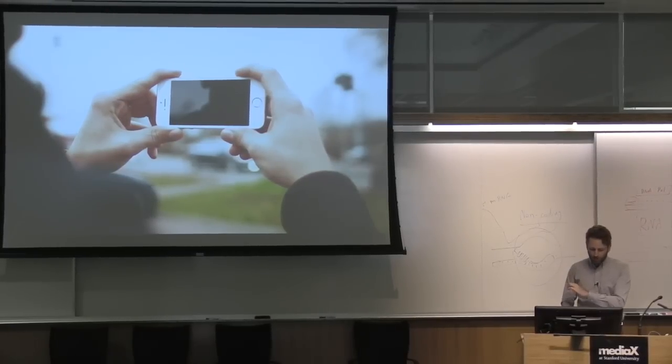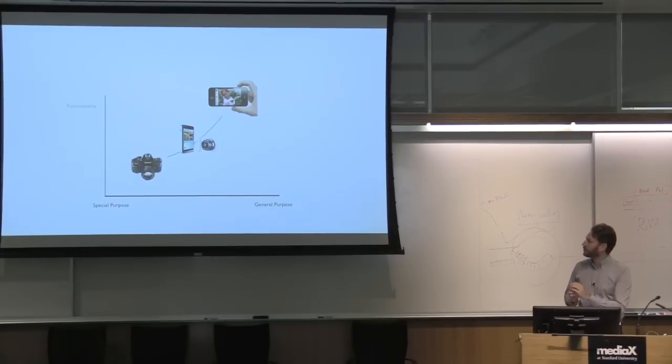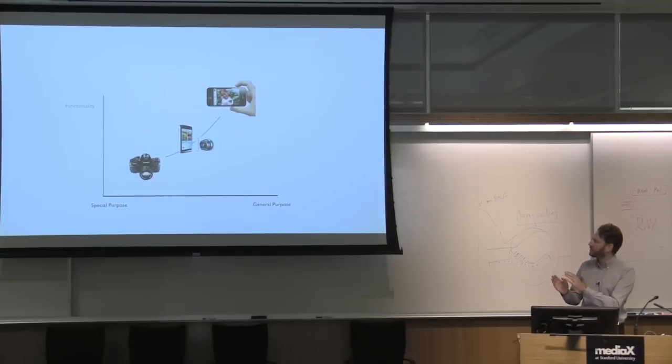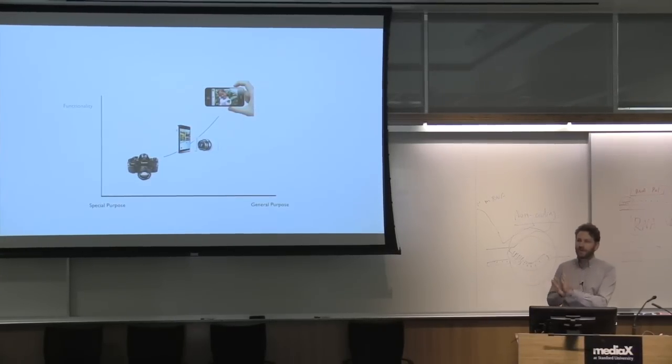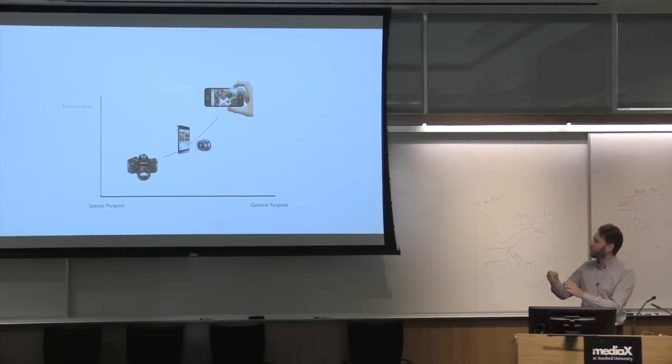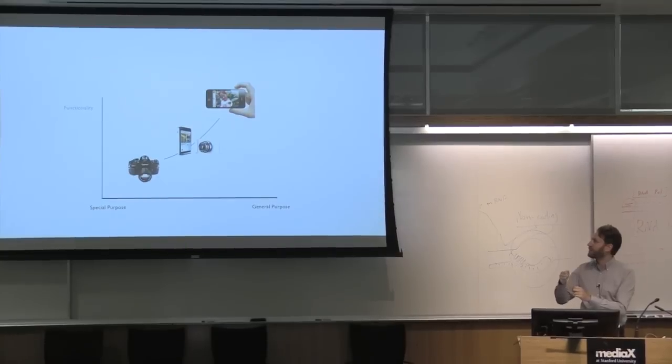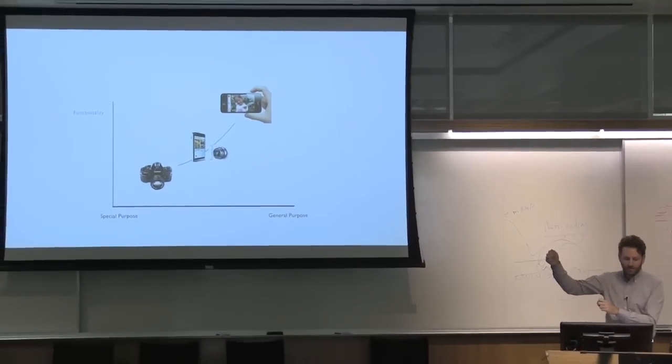And so as we look at this trend, what we're seeing is this convergence of devices powered by digital computation, powered by Moore's law, moving from special purpose or specific purpose devices to more and more general purpose devices.